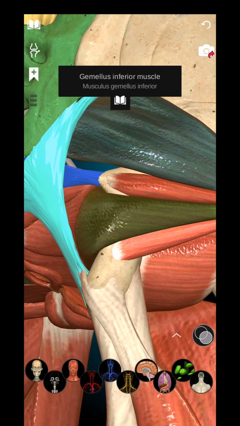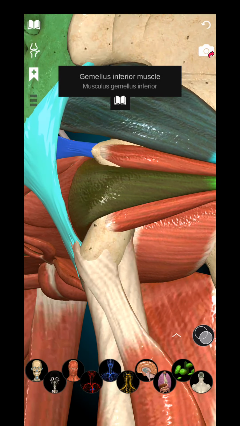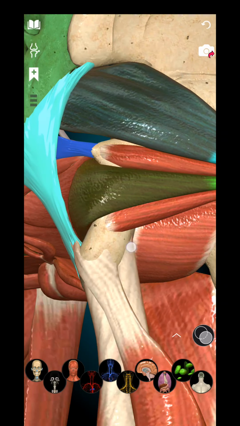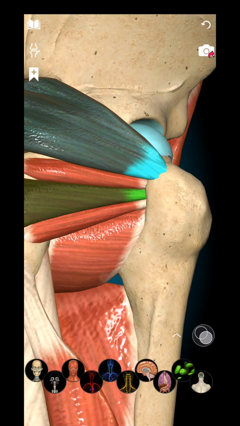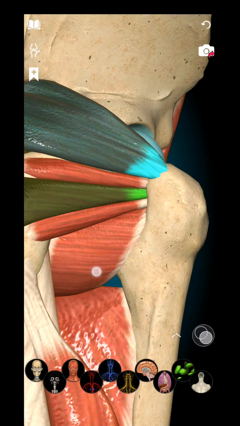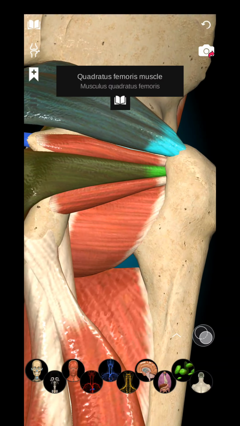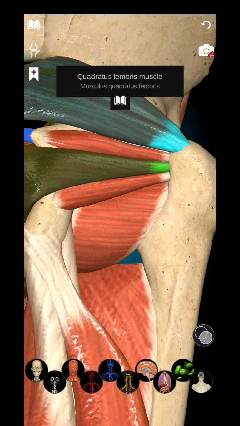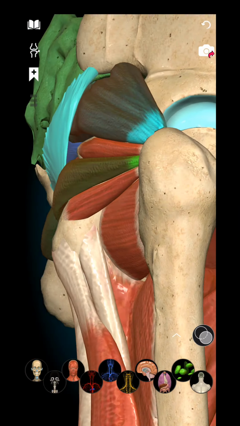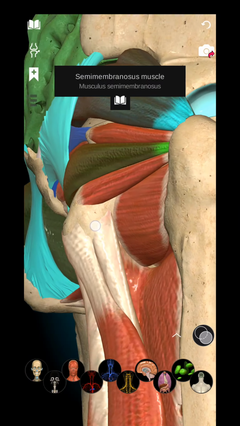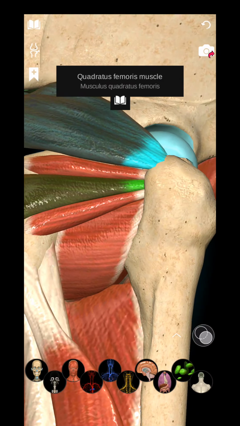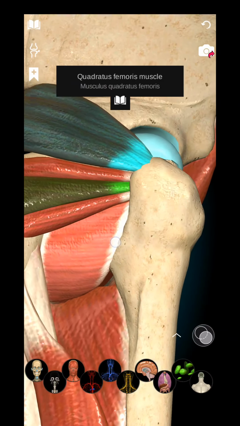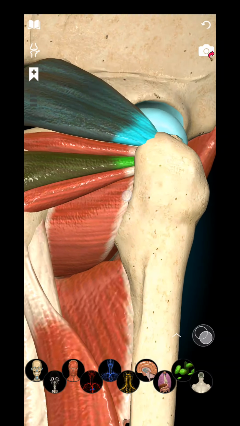Inferior gemellus takes origin from lower part of lesser sciatic notch or upper part of ischial tuberosity and inserts along with the tendon of obturator internus. And this muscle, now you can guess, this is the quadratus femoris. So that takes origin from the lateral border of ischial tuberosity and inserts into quadrate tubercle and the area of intertrochanteric crest below the quadrate tubercle, right?